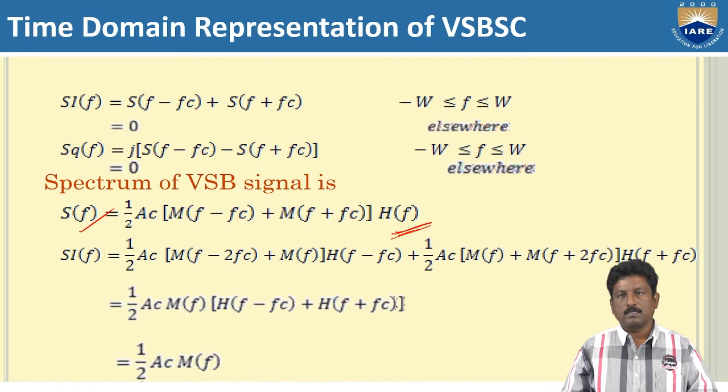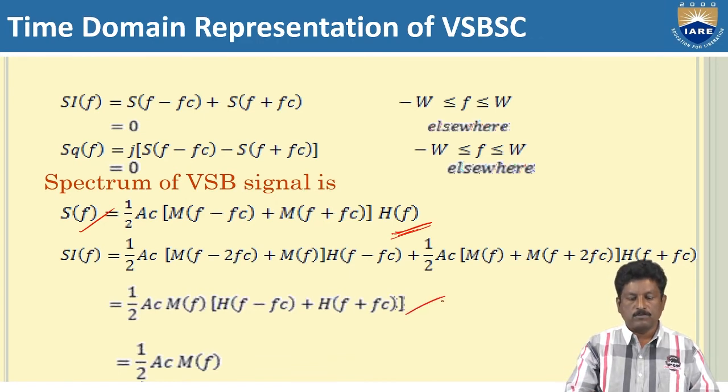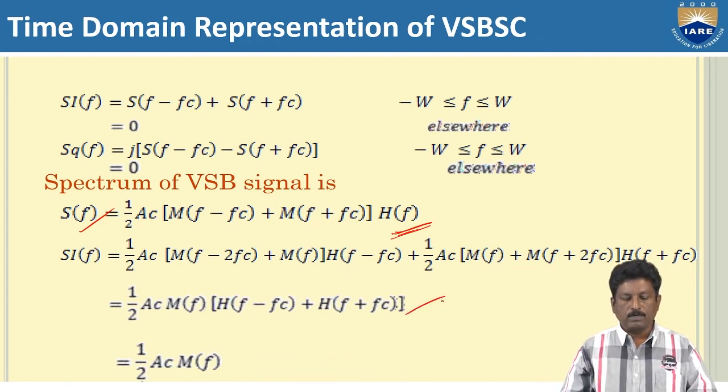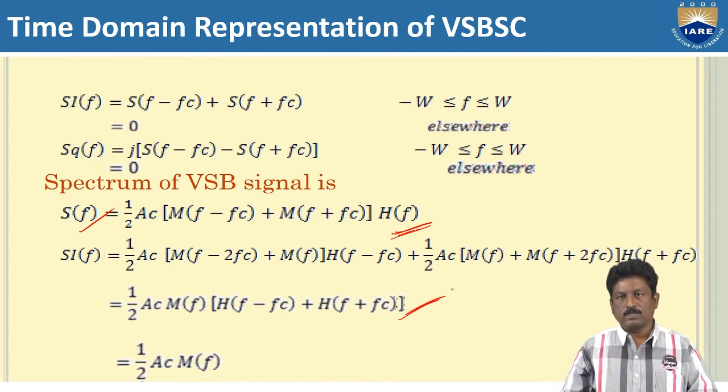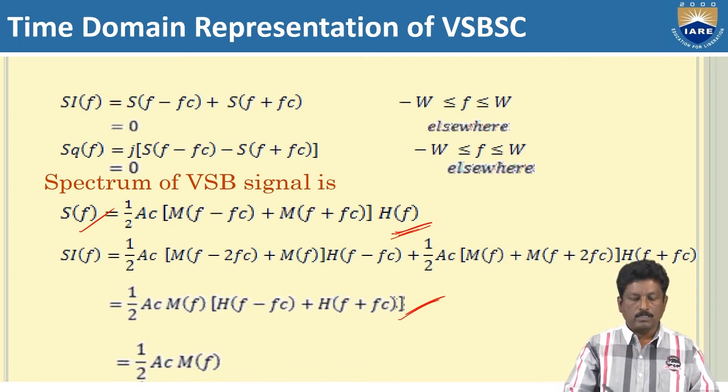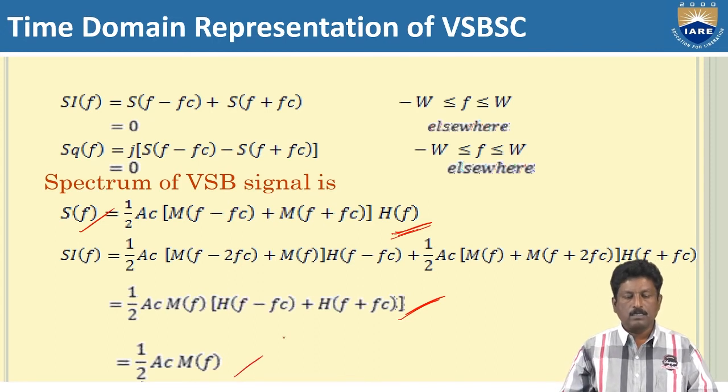So it allows one complete sideband along with a part of the other sideband. Taking this, 1 by 2 Ac M of f into H of f minus fc plus H of f plus fc is the standard equation for our smoothing filter. Finally we get the equation for the VSB-SC wave, 1 by 2 Ac M of f.